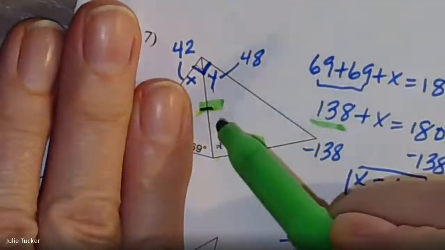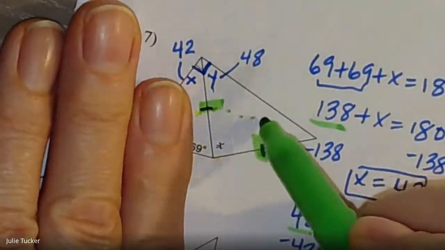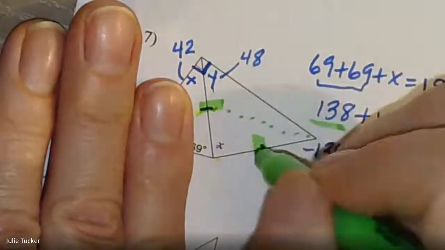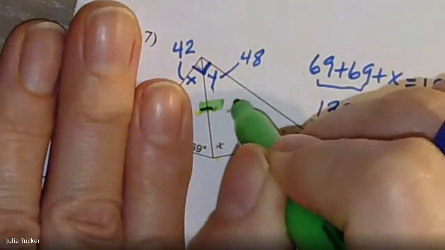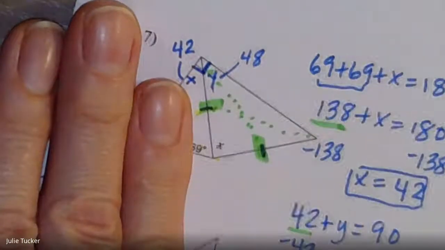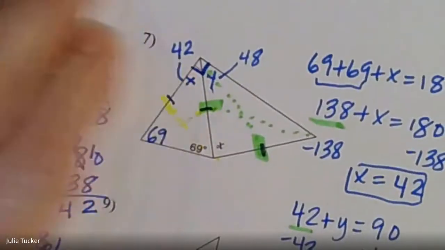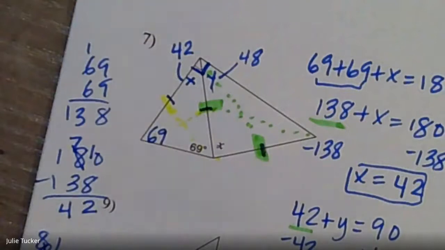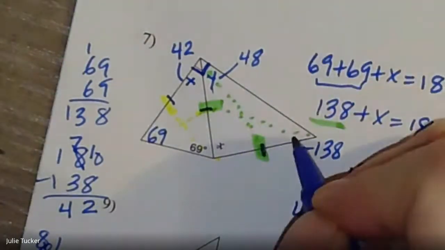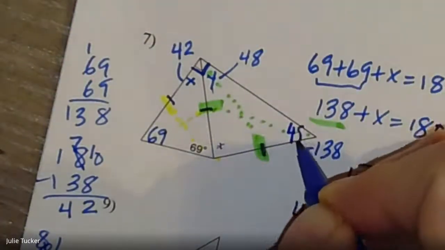So this triangle, now this angle and that angle match, right? Angles. So if 48 is here, then 48 is here.